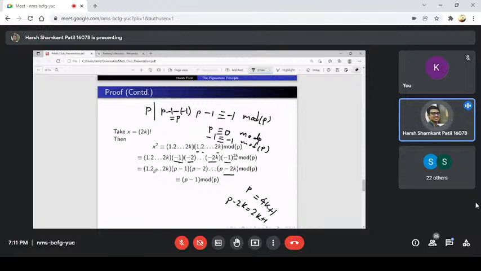So what we are getting here is p minus 1 factorial. If you think about it, here is 2k, and this is 2k plus 1 all the way up to p minus 1. So this is p minus 1 factorial, and if you remember the previous theorem, this is congruent to minus 1 modulo p.